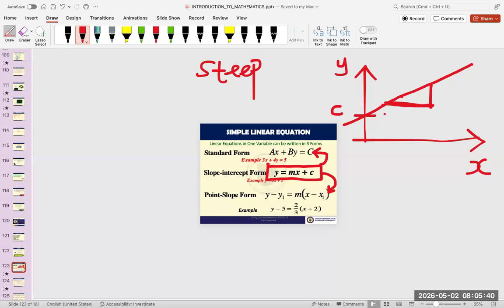Change in x means locate your first point of x called x1, and then your final point of x called x2. Change in y means locate the first point of your y called y1, and then also locate the final point of your y called y2.